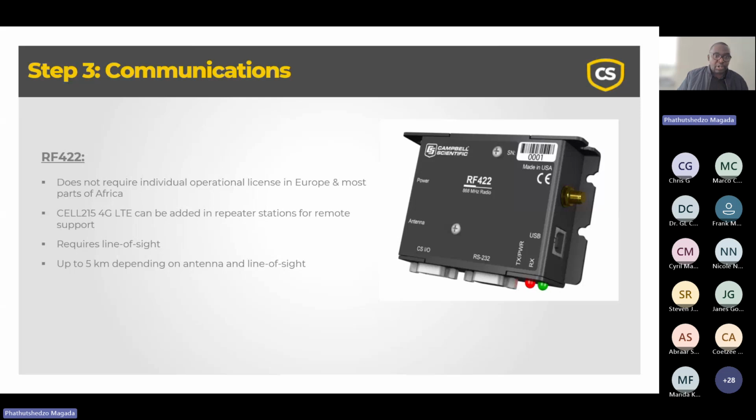So if, for example, there's an issue when this cellular 215 4G LTE is added on the radio communication, we are able to log in and see where the issue is coming from without having to come to the site. This RF422 can go up to 5 kilometers depending on the antenna and line of sight.